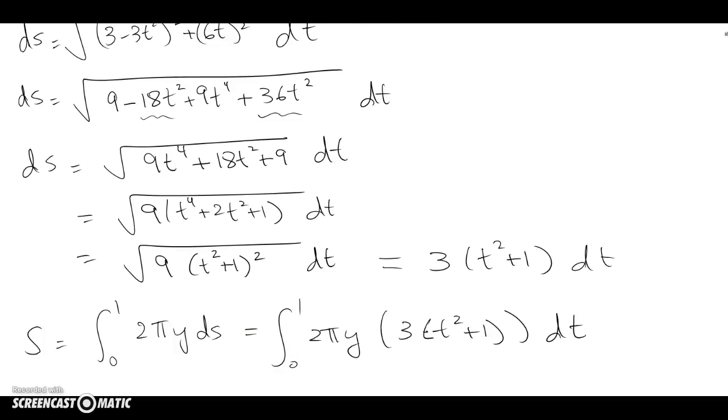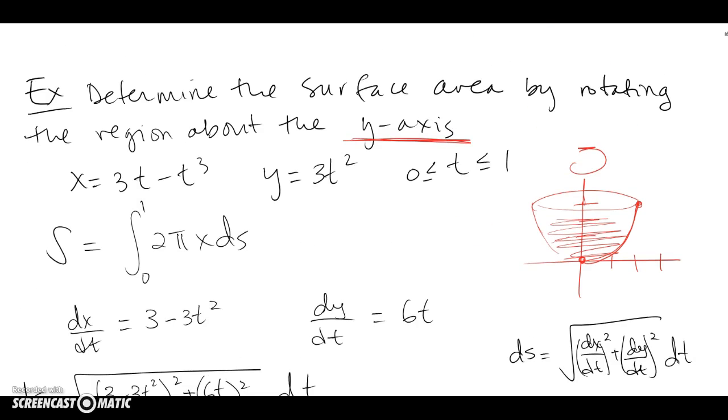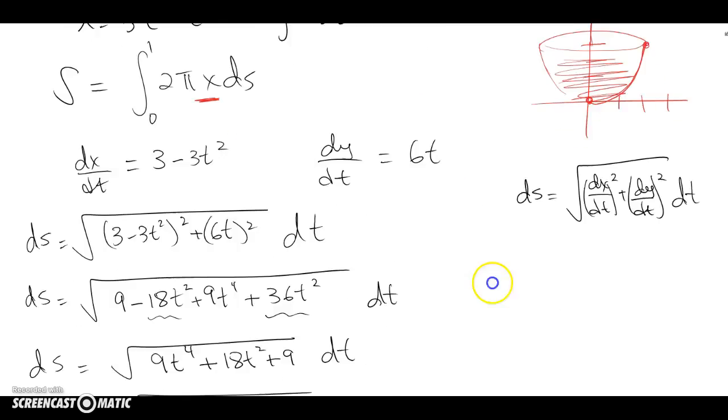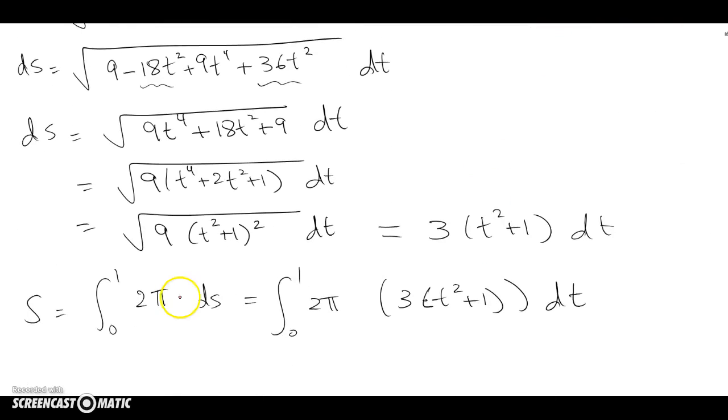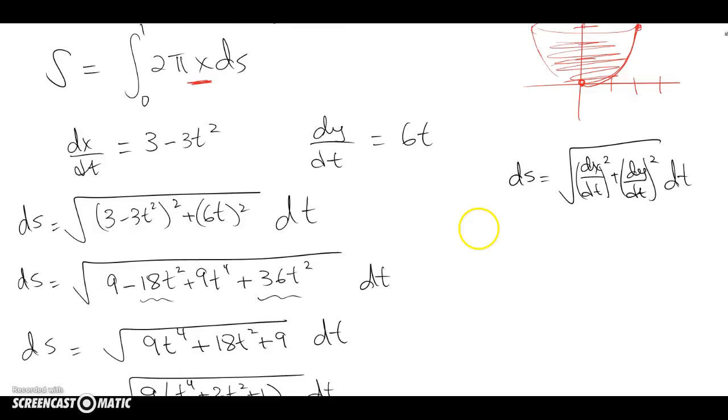So there's our surface area as of now, but again, it was a y-axis rotation, so it's really 2 pi x ds. So let's go replace the x with what it should be.